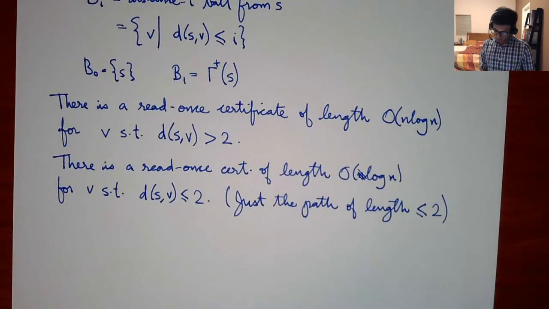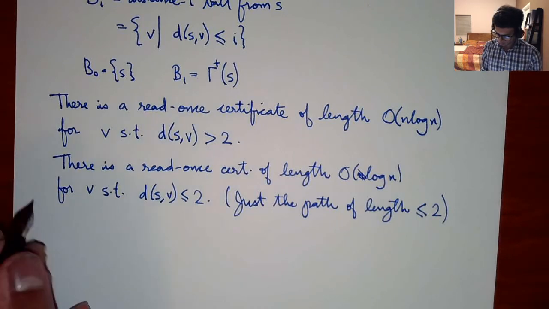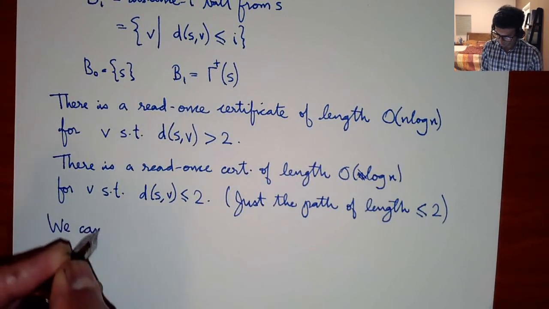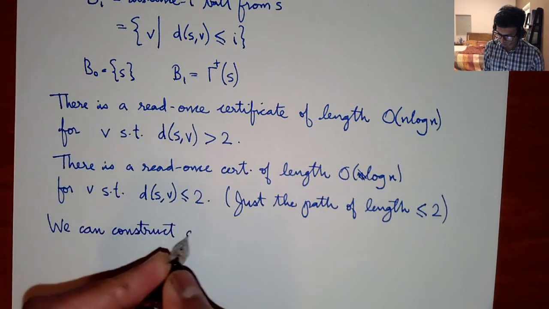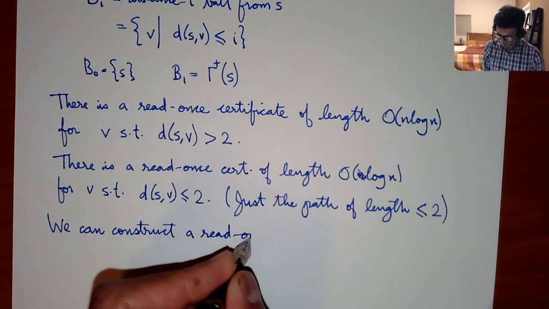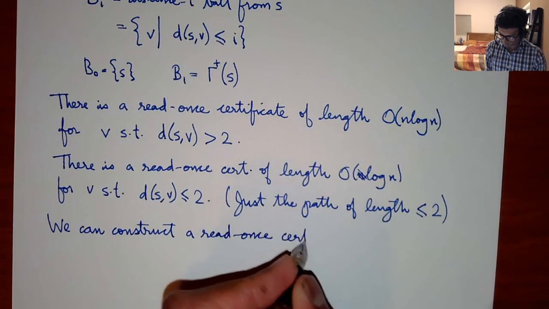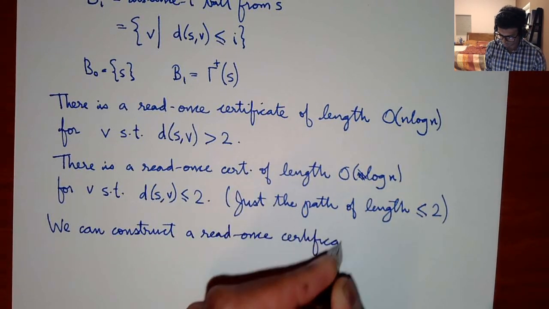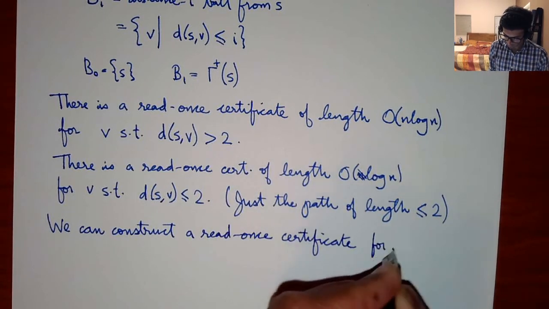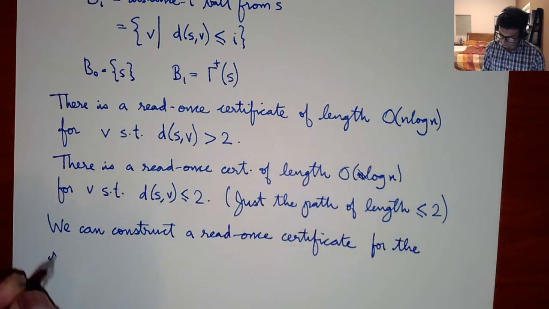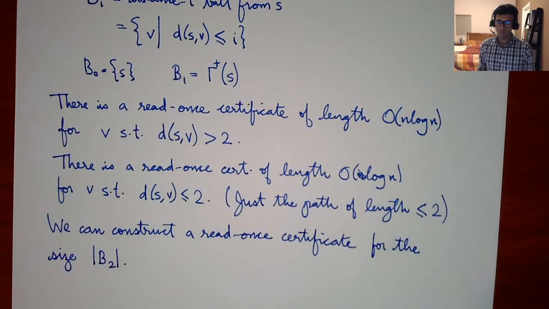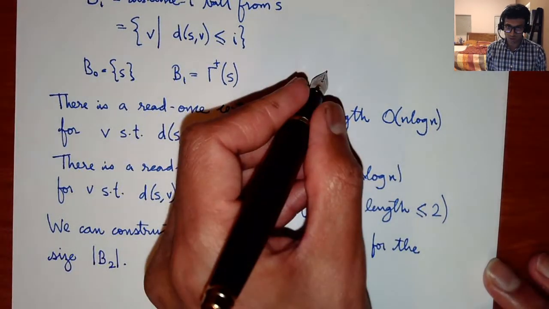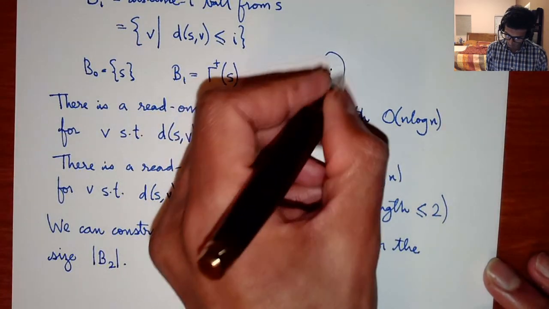Now using this, we can construct a read once certificate for the size of B2. So what we're going to do is you can think of a vertex S, and here are all the things at distance 1.